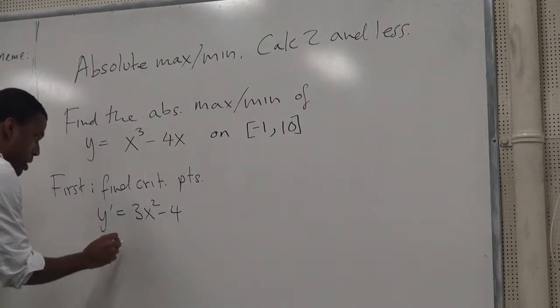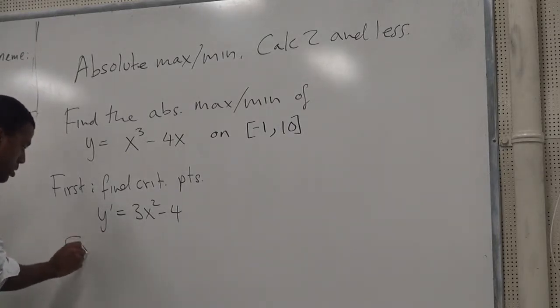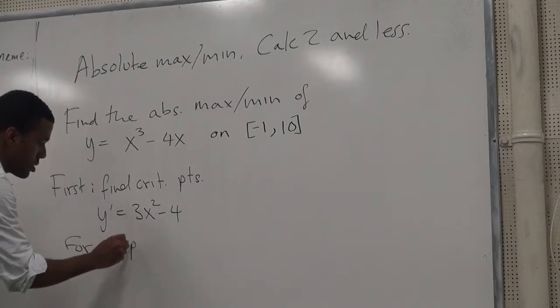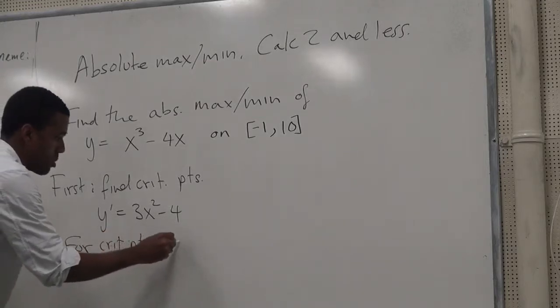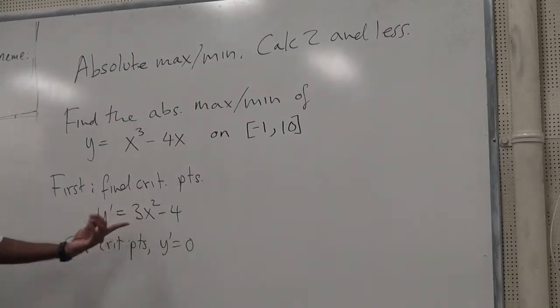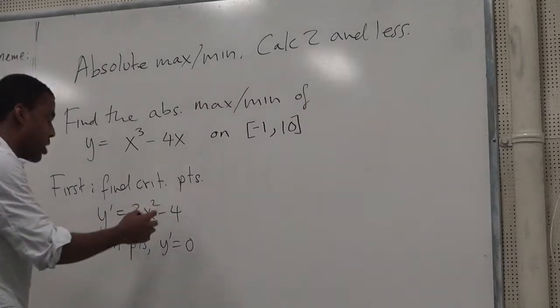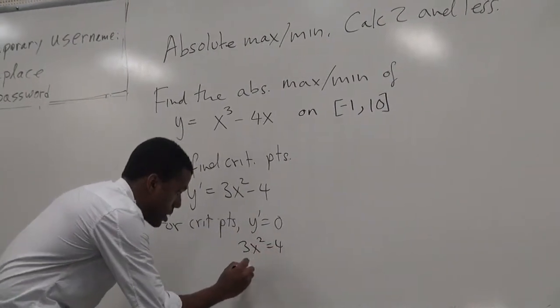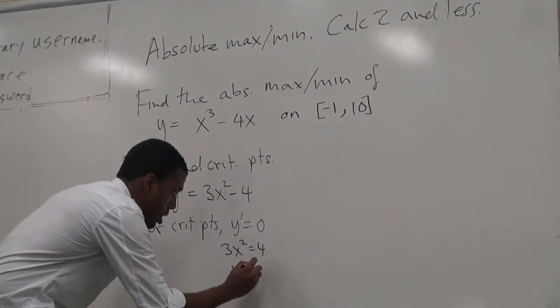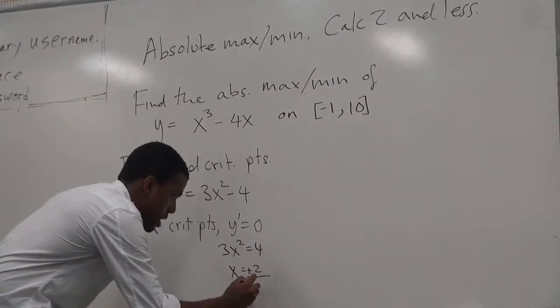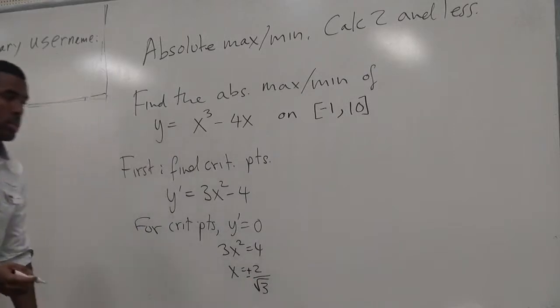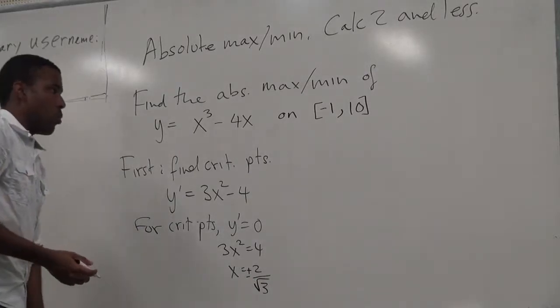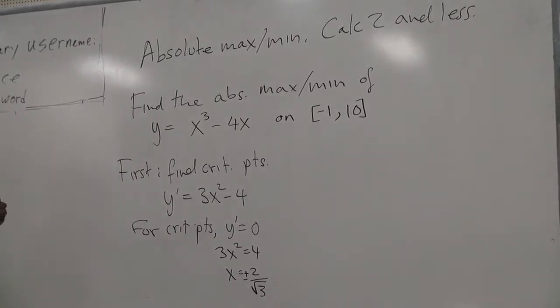And so for critical points, y prime equals 0 because it's never undefined, it's a polynomial, and so you get 3x squared is equal to 4, and then your x would be plus or minus 2 over radical 3. Right? Now, what was the next thing you had to do?